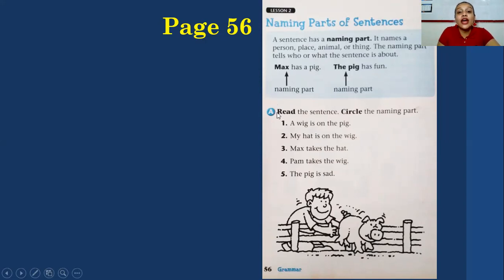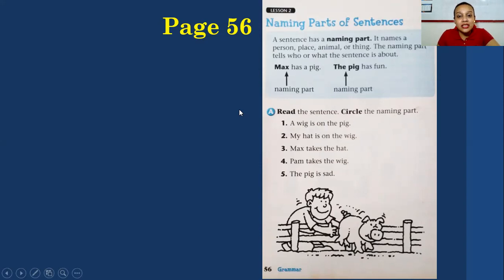Excellent. Let's do exercise A. Follow my directions and please listen and repeat to improve your pronunciation. Read the sentence and circle the naming part. Number 1, a wig is on the pig.